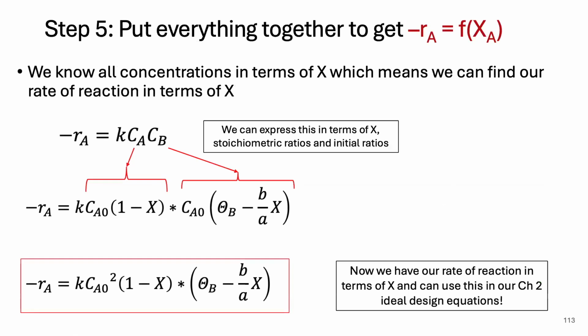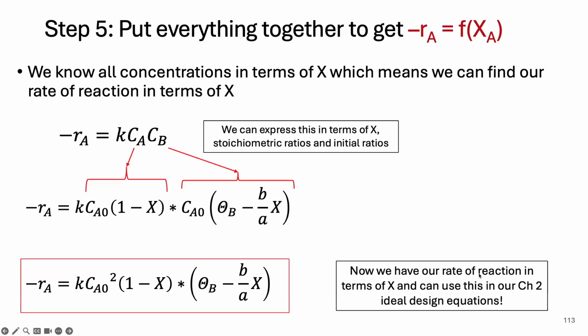And the purpose of this is so that we can now rewrite our rate law with respect to conversion of our limiting species. So we can substitute in for C A, concentration of our limiting species, or C B, concentration of our other reactant, and now we can get a single expression for the rate of consumption of our limiting species with respect to conversion of that species and some other stoichiometric relationships and other ratios of initial concentrations.